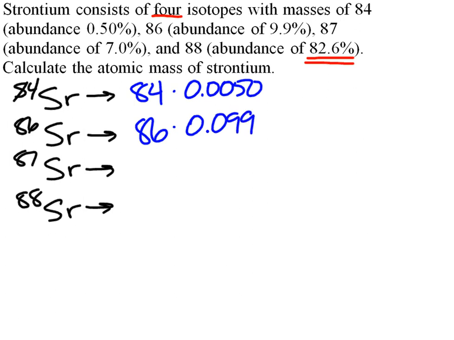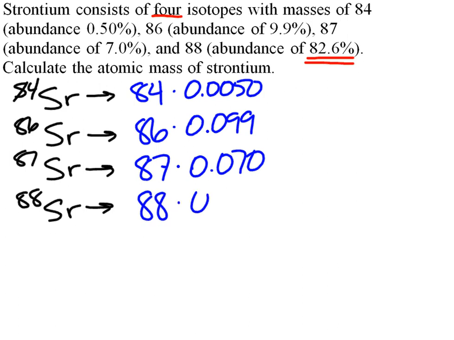The next abundance is for strontium-87, which is 0.070 as a decimal. And then we have 88, which has an abundance of 0.826.